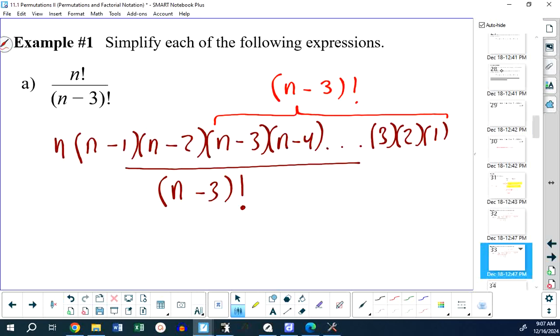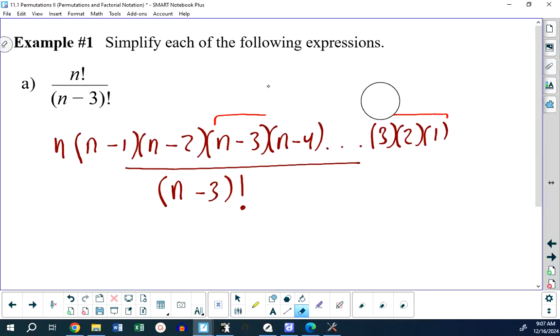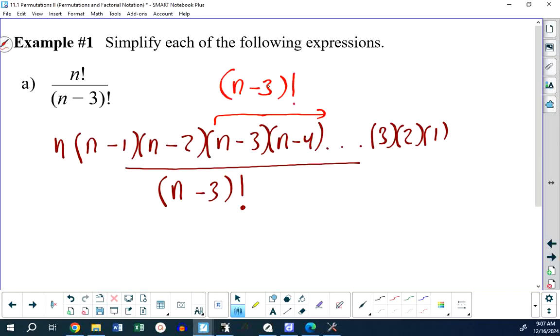You could also do this. Just some indication that you're saying, well, that whole thing, starting at the n minus 3 going down to the 1, is n minus 3 factorial. So you can now cancel this with this, and the answer to this question is n times n minus 1 times n minus 2.